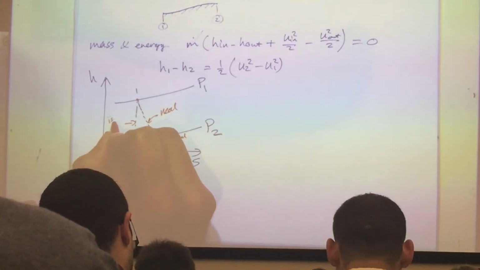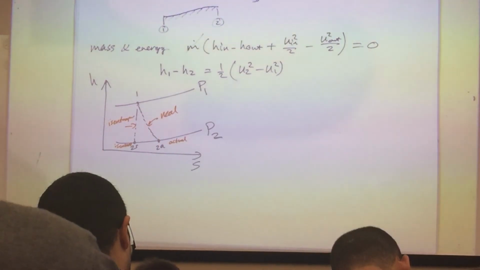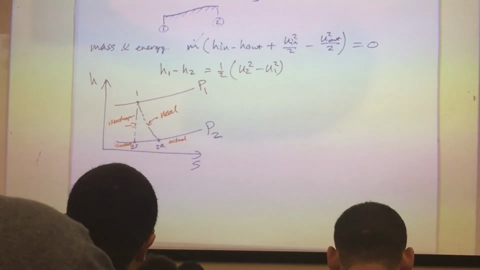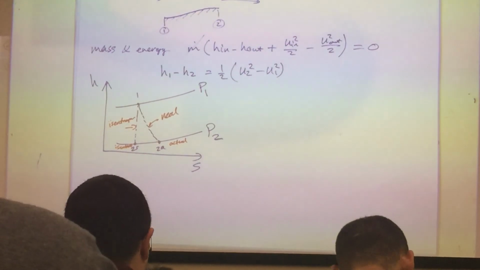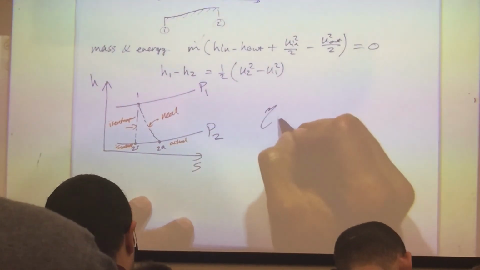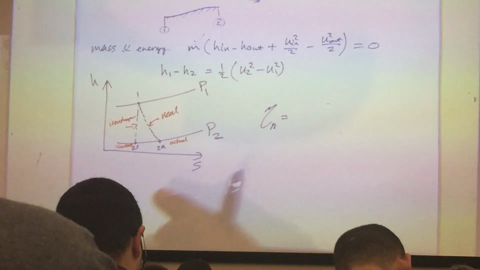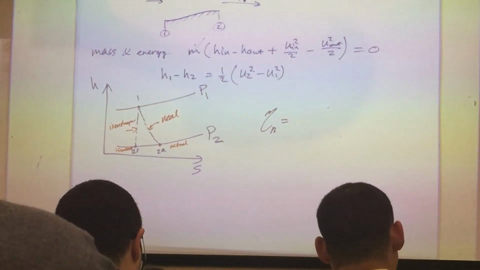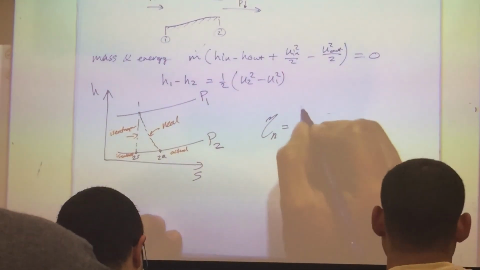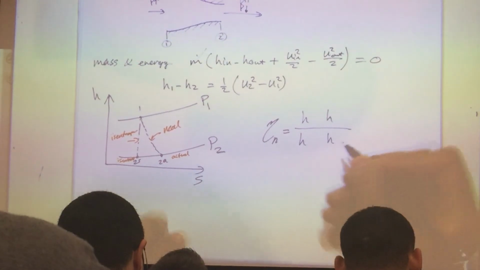What does 2A and 2S mean about my overall efficiency? Well, my overall efficiency for the nozzle is going to equal what relative to what? So let's say enthalpies: enthalpy divided by enthalpy.